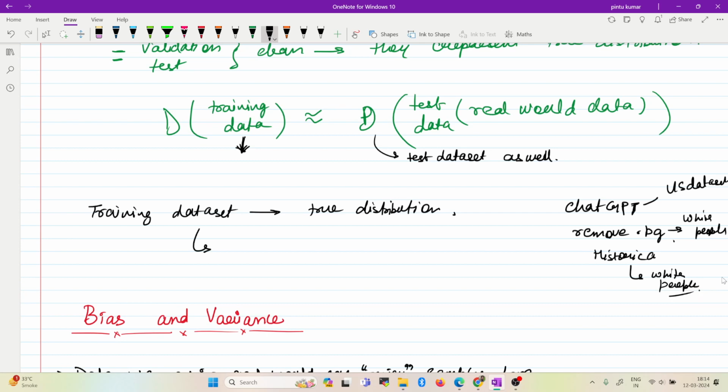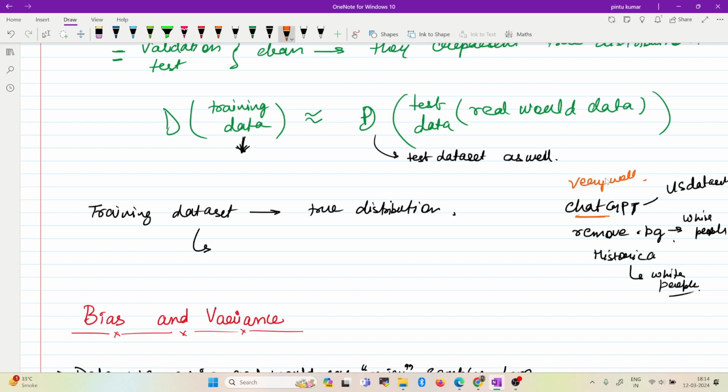So the output that it would be giving, even if we feed in some Indian sort of images, or for example, in case of Chat GPT, let's say the US English is slightly different than the Indian English, right? So if we use our English to give input to Chat GPT, then it might not perform very well.